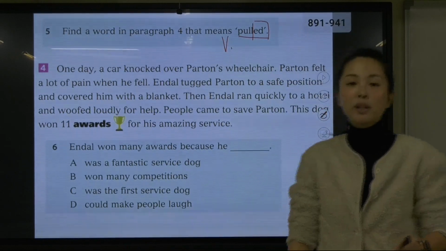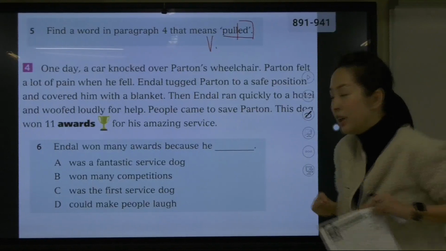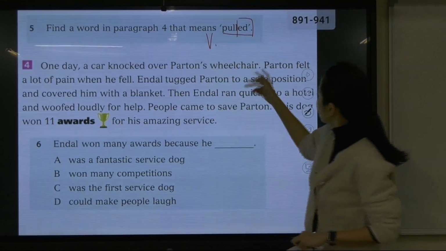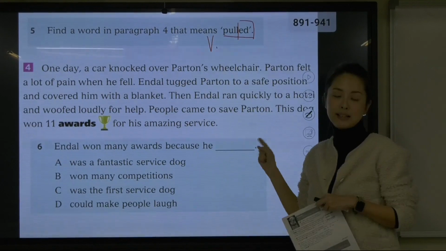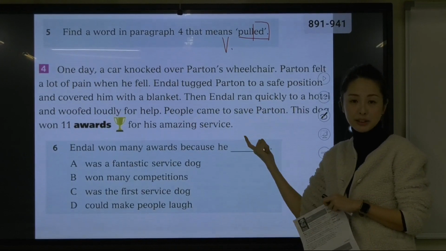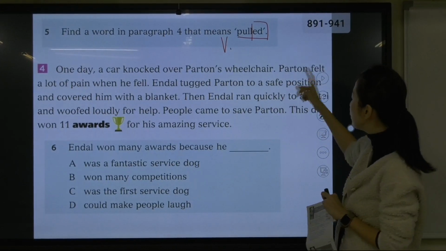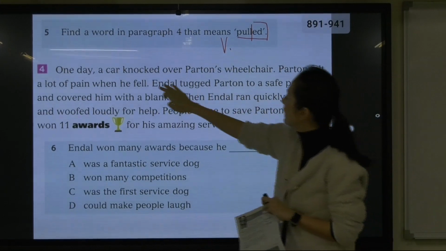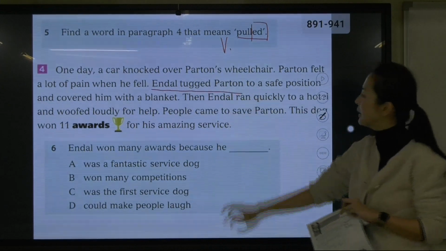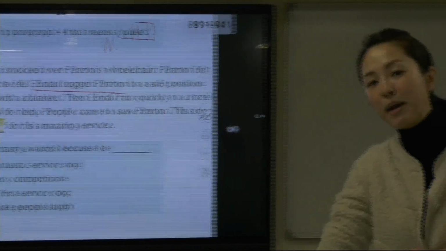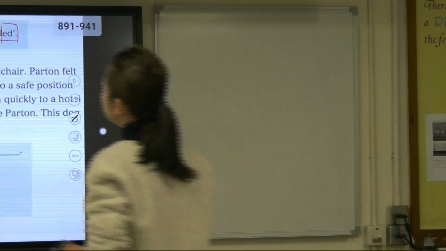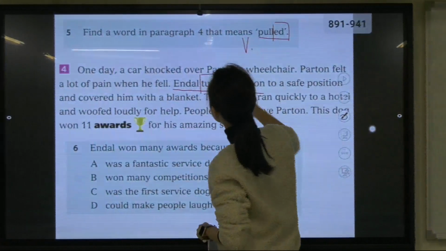Who pulled in the text? The dog or Parton? Should be the dog, right? If you read carefully, Andrew tucked Parton to a safe place. So he put the man in a safe place. So the word should be tucked.